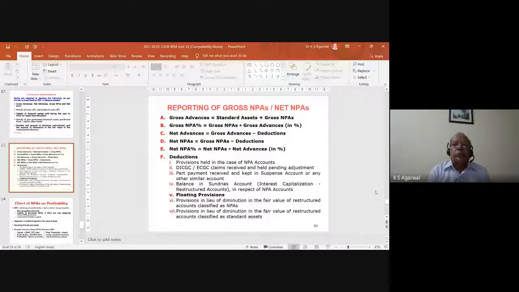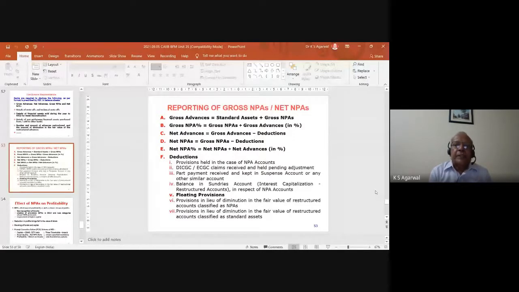If I reduce standard assets from gross advances, I arrive at the figure of gross NPAs. So gross advances are standard advances plus gross NPAs. Gross NPA percentage, what is this? Gross NPAs divided by gross advances in percentage terms. Net advances are gross advances minus deductions, provisions, etc. We will come to know what the deductions are.